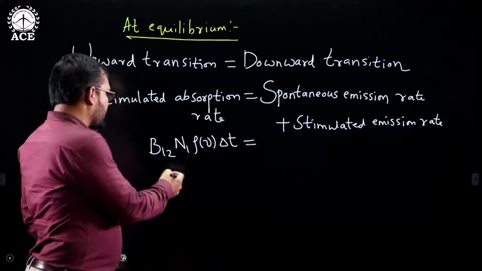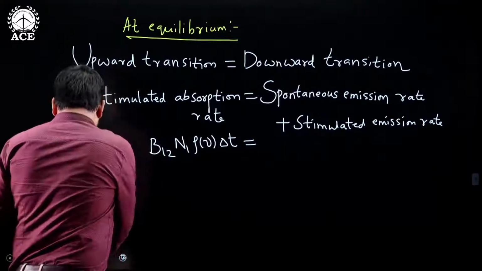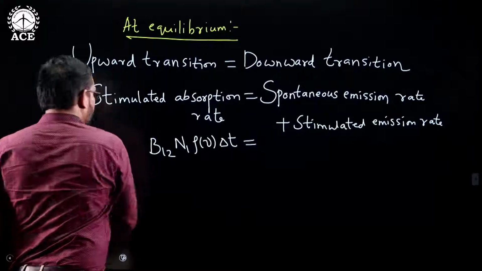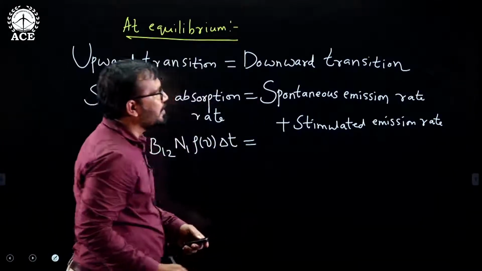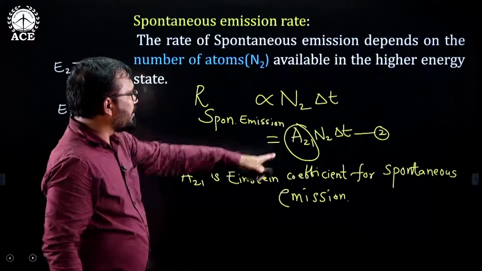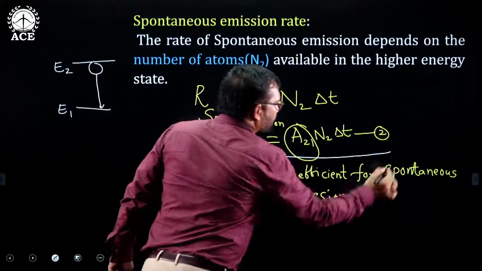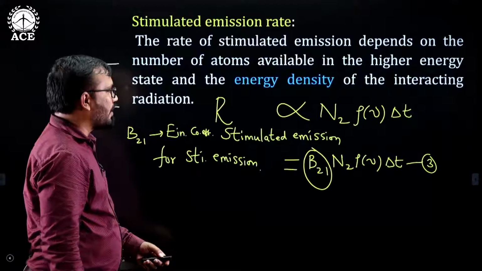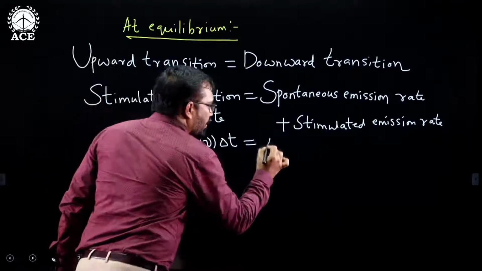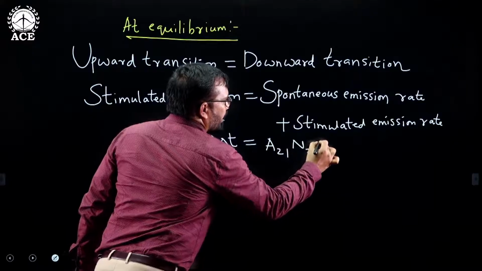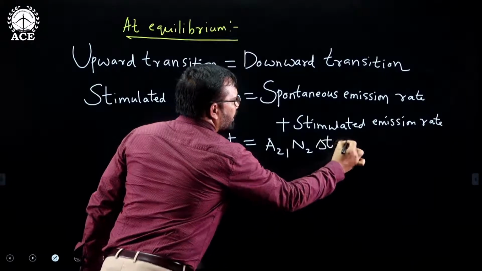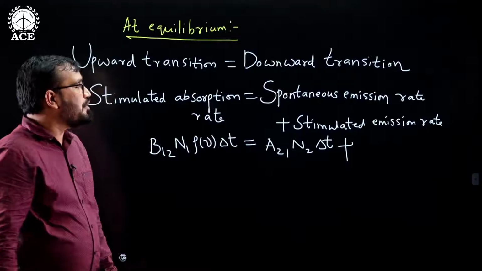So this is the stimulated absorption rate. Next, what is the spontaneous emission rate? Here I am writing A21, number of atoms N2, and transition time delta T. It is the spontaneous emission rate.